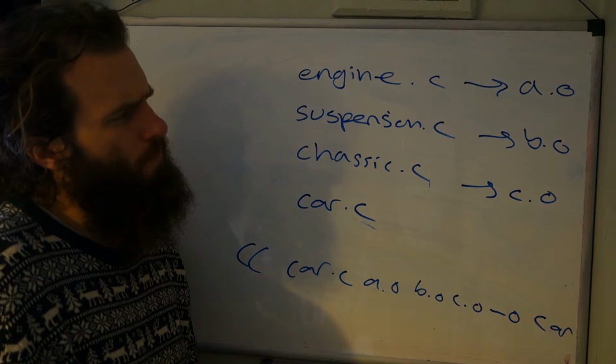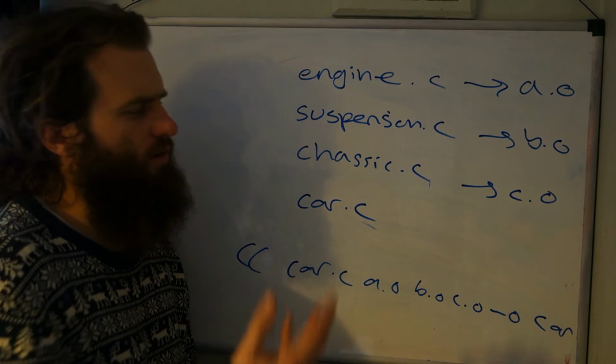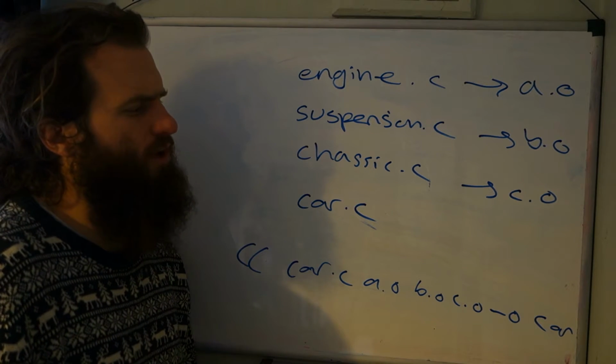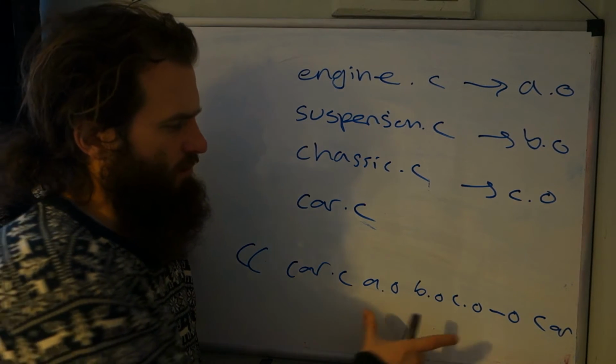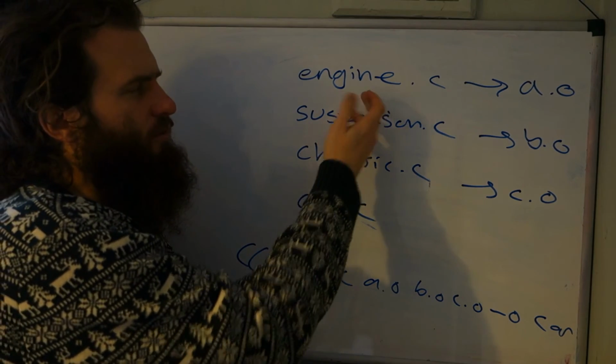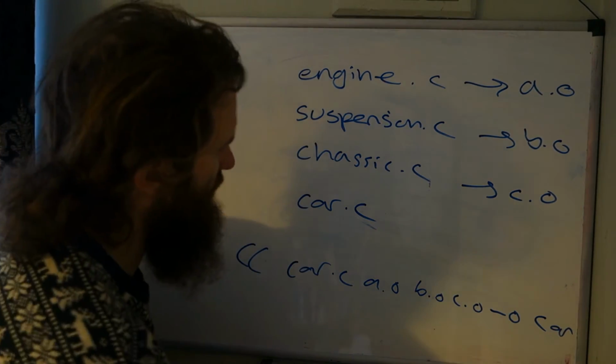So, going back to Makefiles, when we have a lot of object files like this, it can start becoming annoying to have to keep writing them out, like A.O, B.O, C.O, especially if we use the longer names like engine.o, suspension.o that were created.